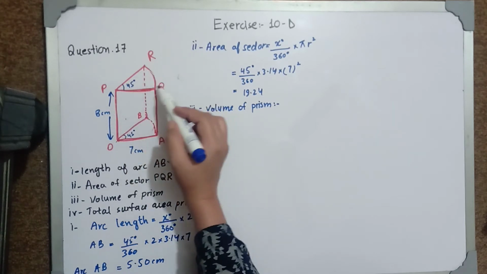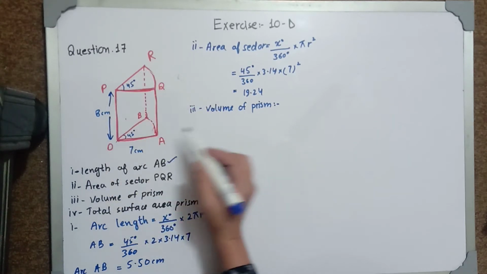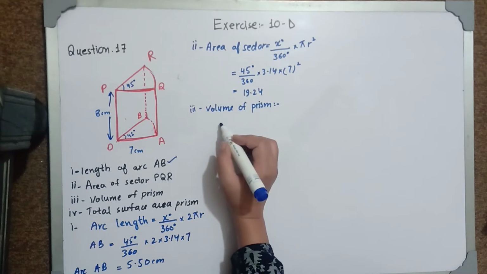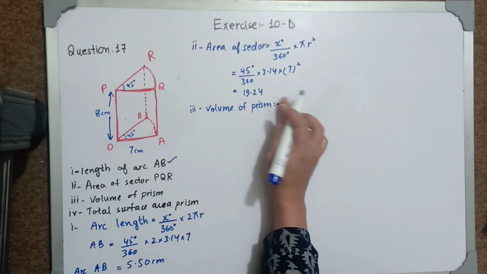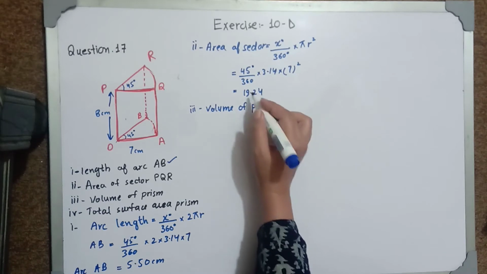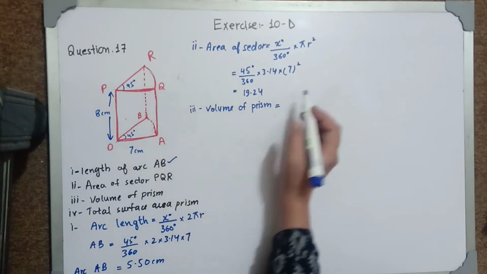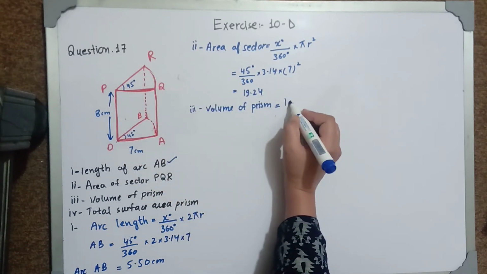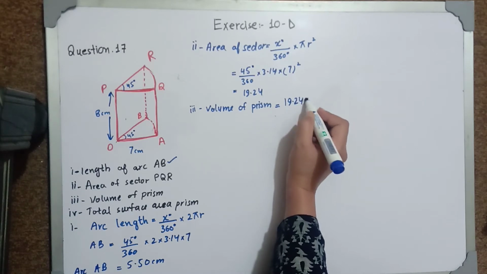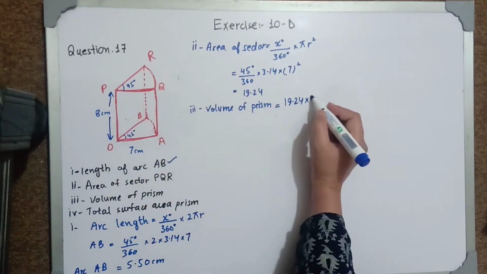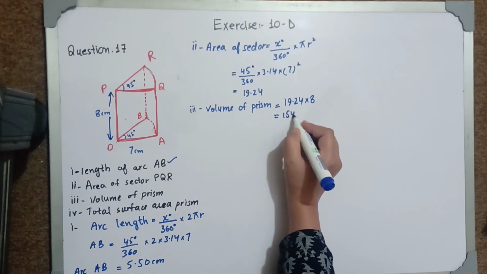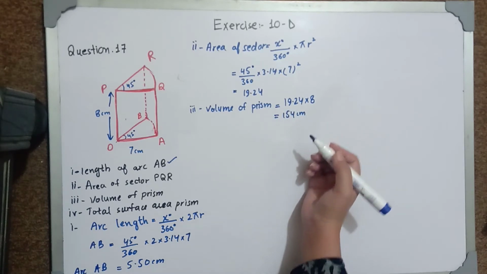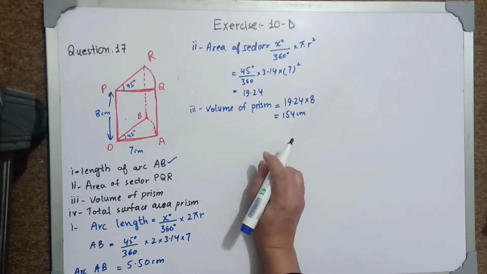So we will multiply this area by 8 and we will get the volume of this prism, right? And we just found that area. So the volume of prism will be equals to the area of the sector PQR, which is 19.24, and we'll multiply it by the total length of the prism, and you will get your answer 154 centimeter cubic, right? That's the volume of the prism.